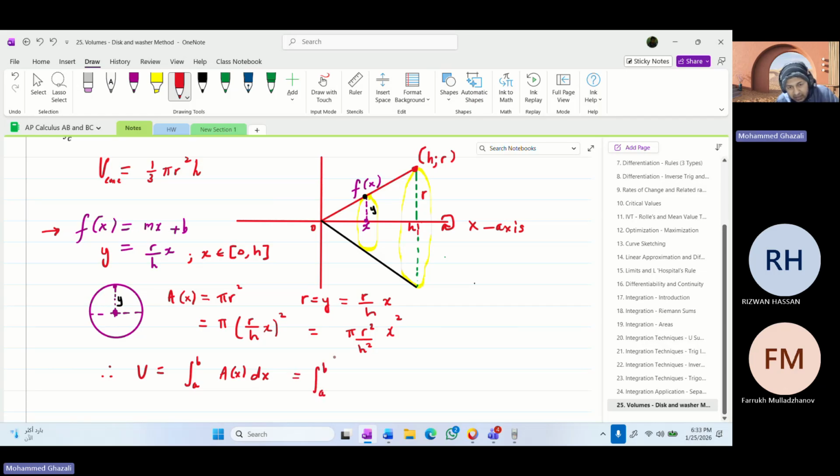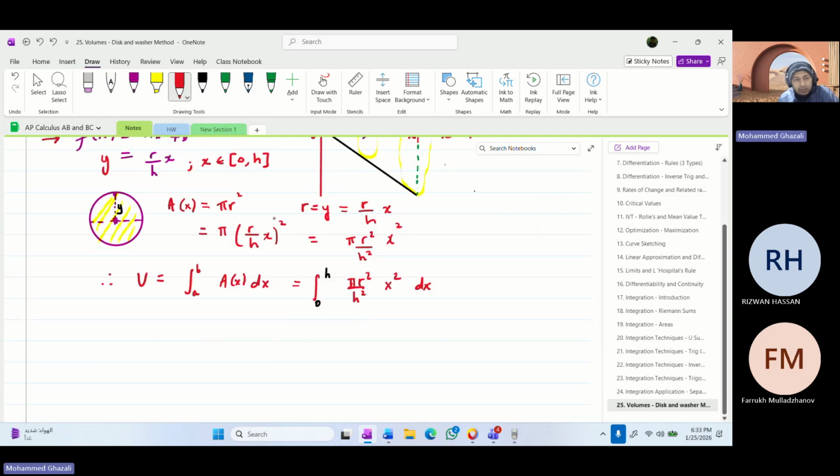So what is this? Integral a to b, not a to b now, because we got the x boundaries, which is 0 to h. Okay, what's the area of x? The area of the cross section. This is a cross sectional area. The cross sectional area is basically equal to pi r squared over h squared, x squared dx.